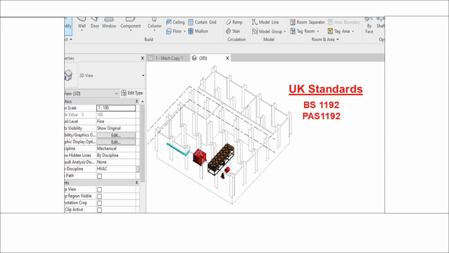PAS 1192, that is also a British standard designed to facilitate building information modeling. Level 2, focusing on collaborative working, information management and 3D modeling across the asset lifecycle.